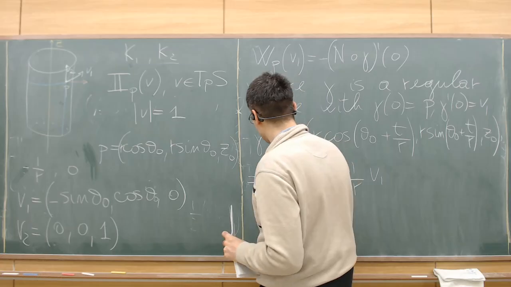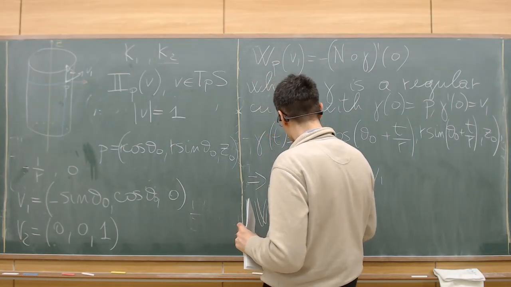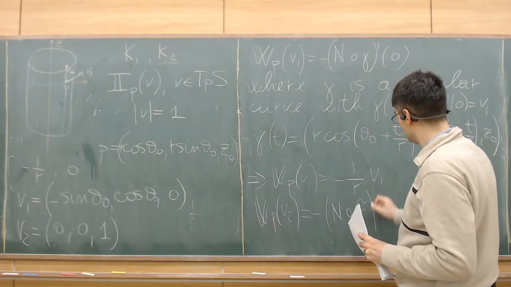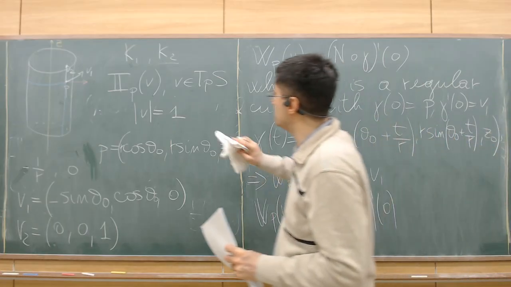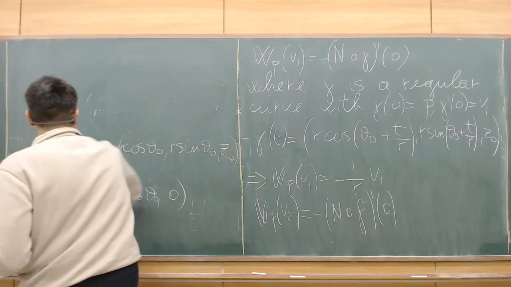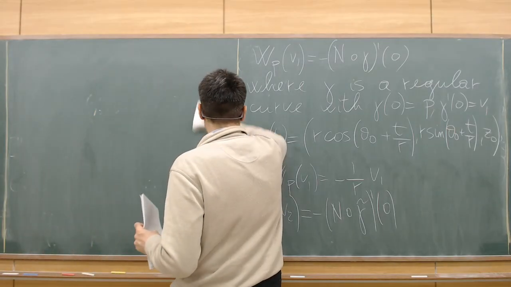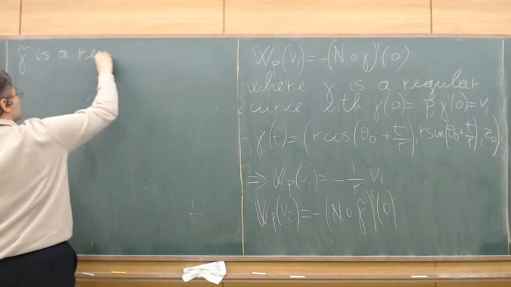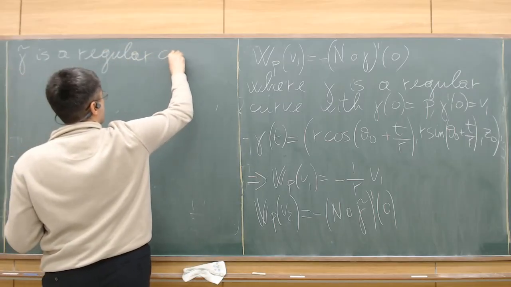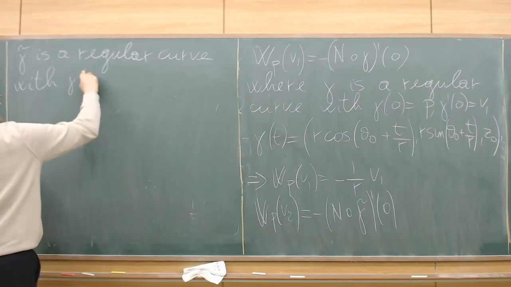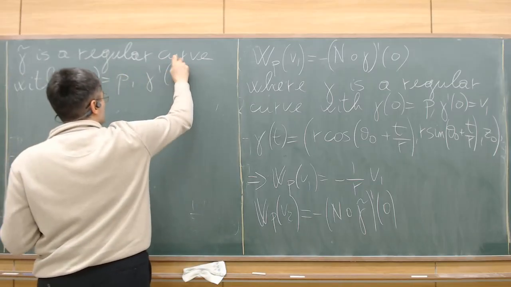Instead, if you want to compute W_p at v2, you have to use this formula, where gamma tilde is a regular curve on the cylinder with gamma tilde(0) equal to p, gamma tilde prime(0) equal to v2.